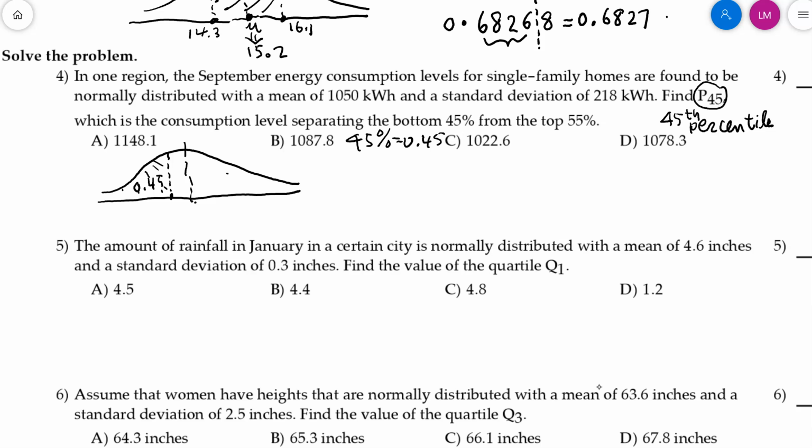So the other area here is 0.55. This area is 0.45. So this question, this is a mu. This question is actually asking this x value, separating 45% and 55%. I call it x.